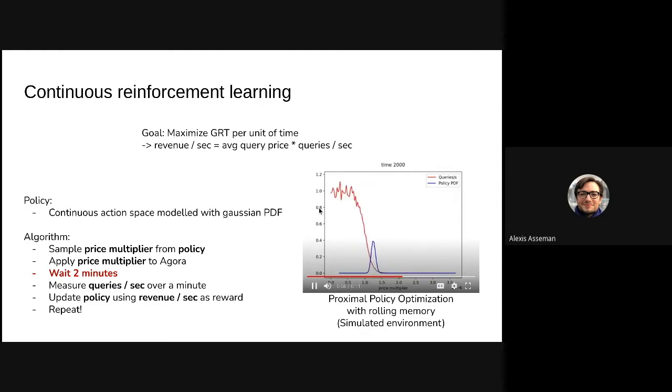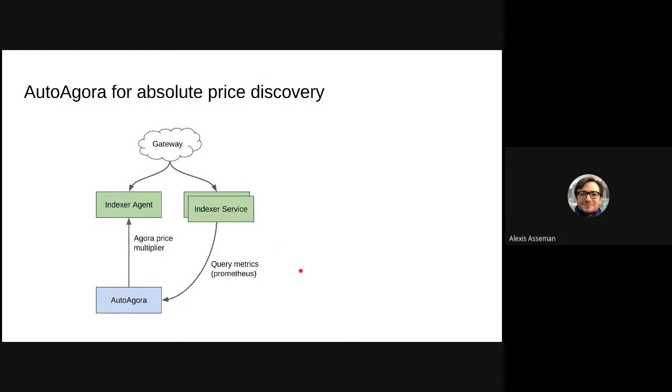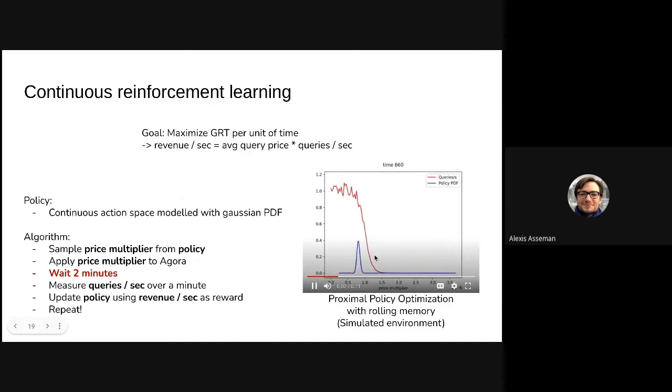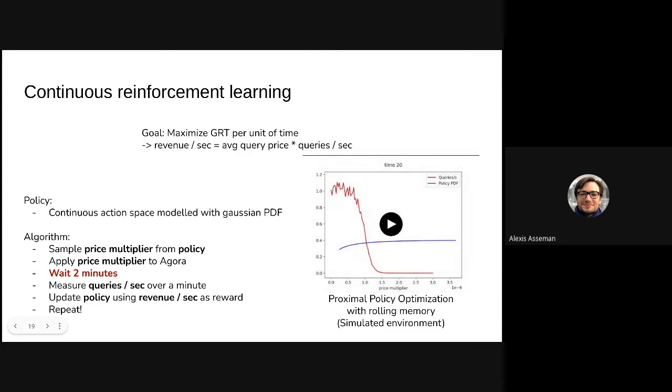And as the market changes, the Gaussian tries to follow the optimal point. And we can see that it never really sharpens very strongly. The standard deviation, I mean, doesn't go to 0, right? And that's where we want to balance exploration and exploitation. So that's a pretty tricky problem to solve.